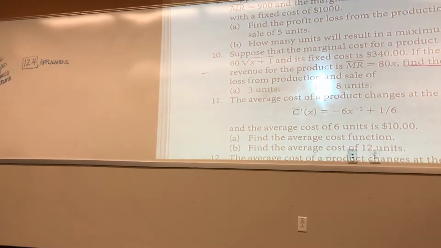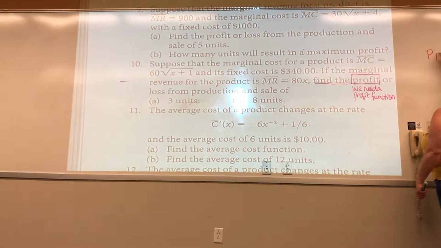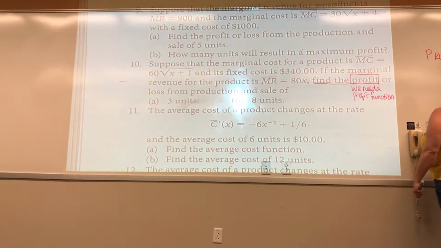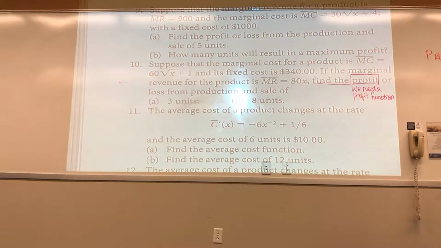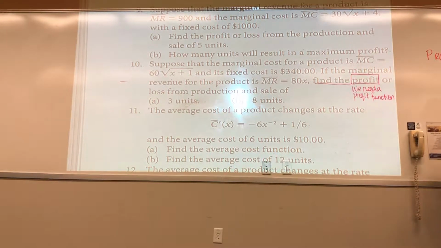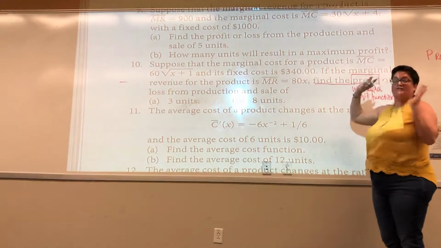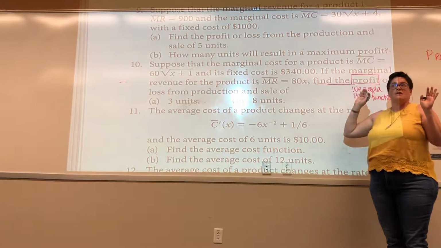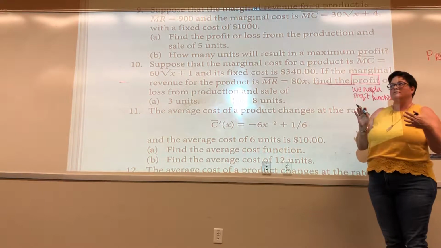So I'm going to build myself steps to get there. We need profit. Do I have profit? No. What do I have? Okay, so I've been given marginal cost, and from there I can find cost, right? And I've been given marginal revenue, and from there I can find revenue, right?